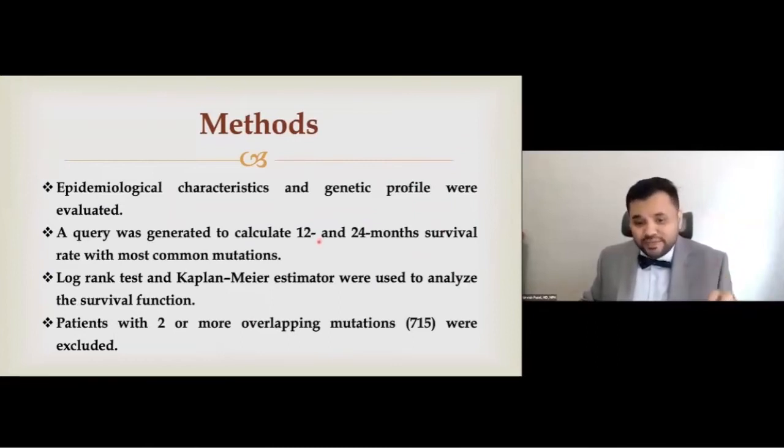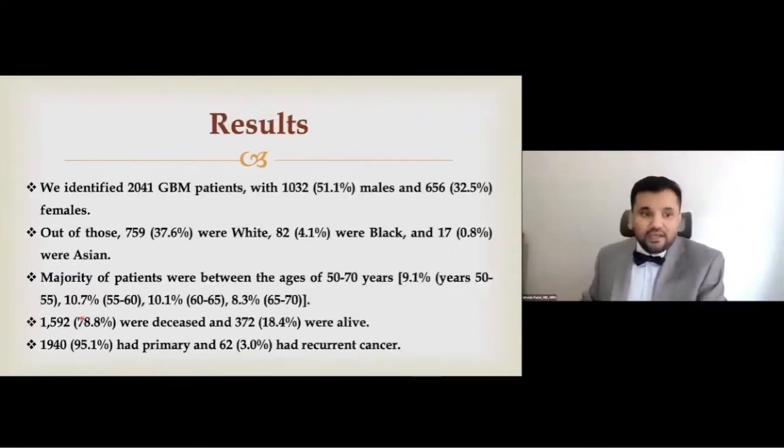Log-rank and Kaplan-Meier estimators were used to analyze the survival function, and we created survival plots for glioblastoma multiforme patients. Patients having 2 or more overlapping mutations, 715 such patients in our study, were excluded to identify the isolated effect.